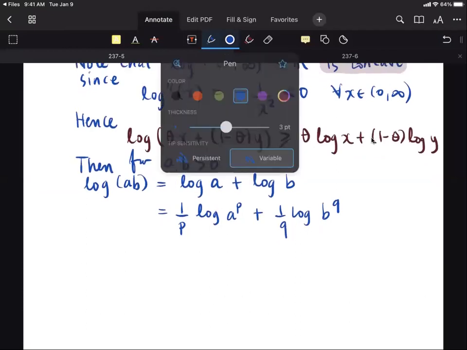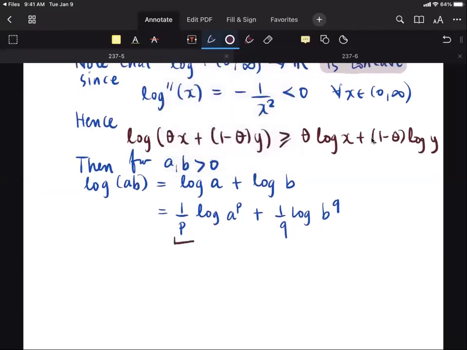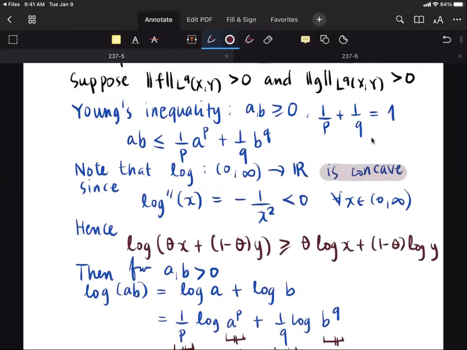Now you could see immediately, if I take this to be theta, I take this to be x, I take this to be y, and this 1 over q is now 1 minus theta, because the sum of the reciprocals of p and q is equal to 1.